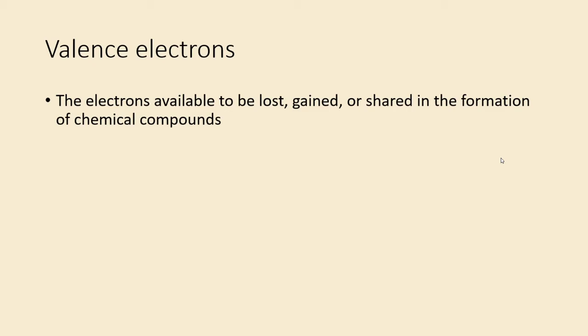These outside electrons that we're talking about for our trends are what's called valence electrons, which are essentially electrons that we're able to lose, gain, or share in the formation of chemical compounds, which we're going to get to whenever we talk about bonding later on, the weekend into next week.